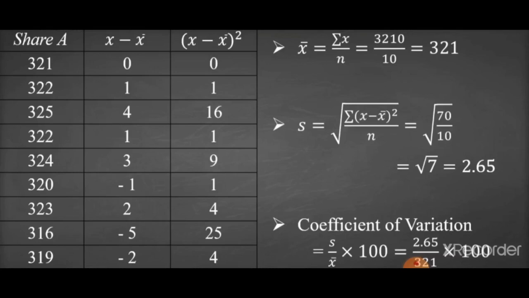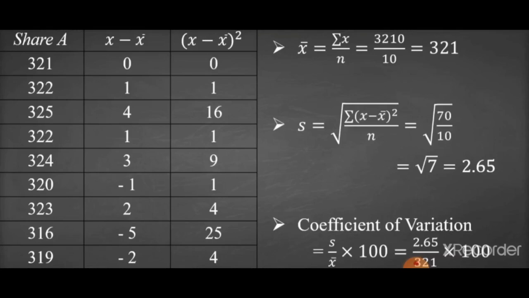So first we find sigma x. Making the total of the share A column, the total is 3210, divided by the number of observations, 10. So our mean is 321.